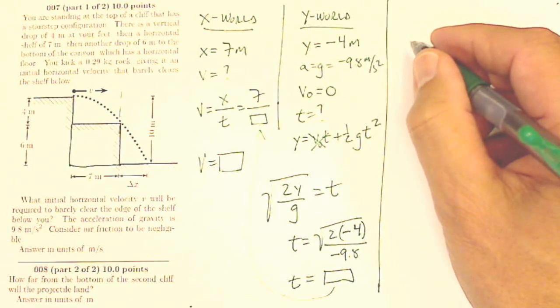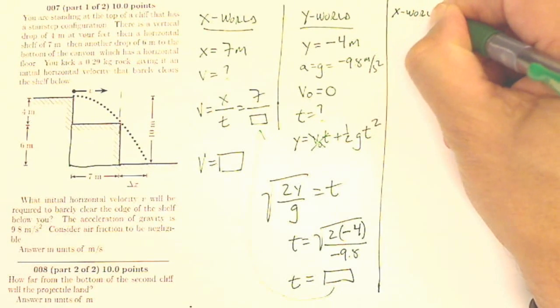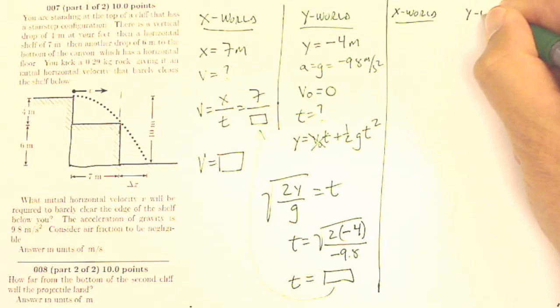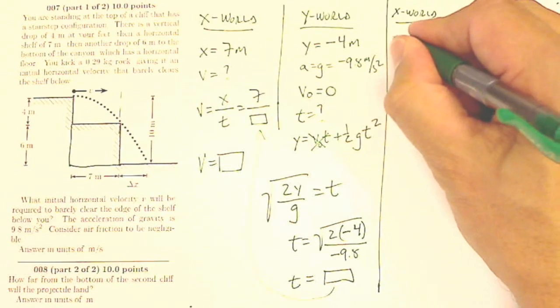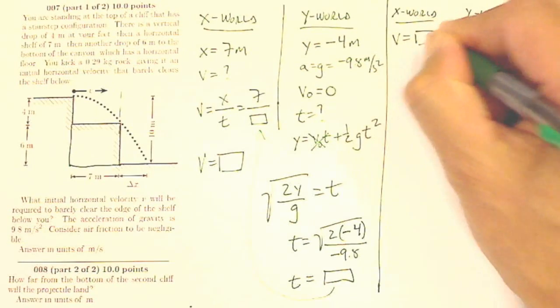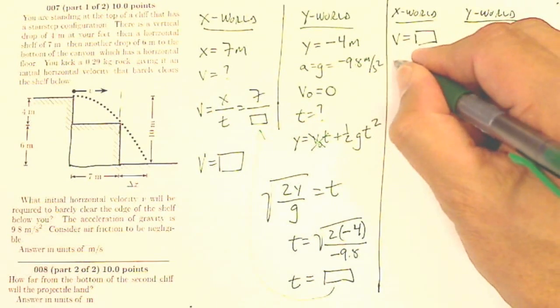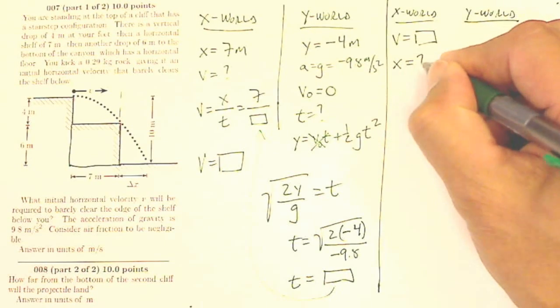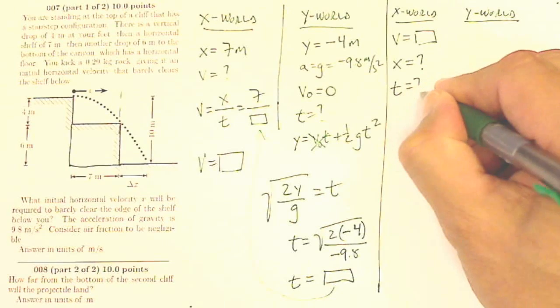So what I'm going to do over here is I still have x world, y world. And what I know still is that in my x world, now I've got a velocity that I got from before. I know that my x displacement is what I'm looking for. I know that my time I also don't know yet.